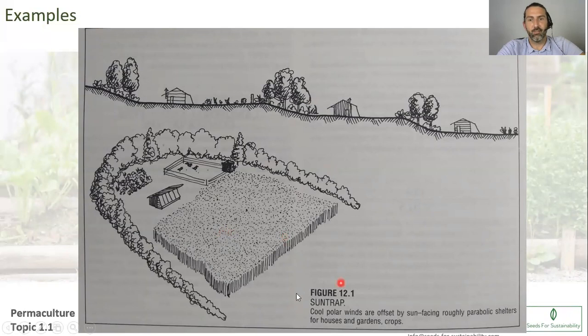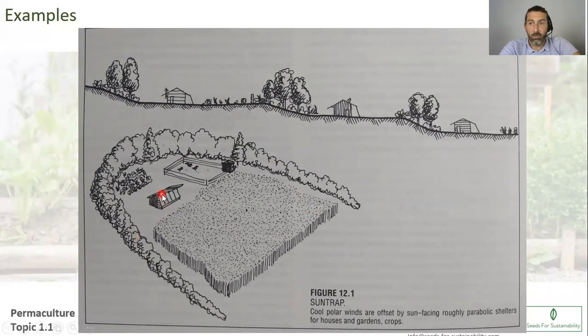The sun-facing side is open with lower plantations going higher towards the sun, which also increases the capture of sunlight and increases the capture of heat. So this is why it's called a sun trap, because the heat is trapped inside this inverse U basically. So again, we have many functions to then fulfill the need of heating.